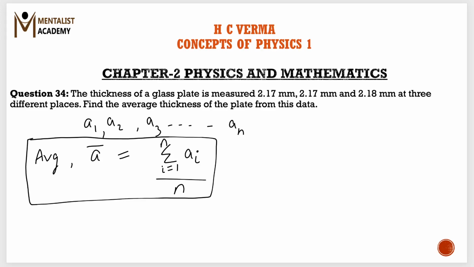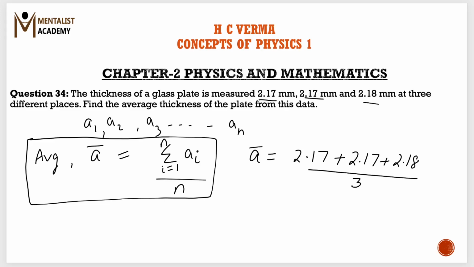In our case we have only 3 values, so to find the average, suppose A bar, that would be equal to the summation of all the data, that is 2.17 plus 2.17 plus 2.18, divided by the number of values, that is 3 in this case.